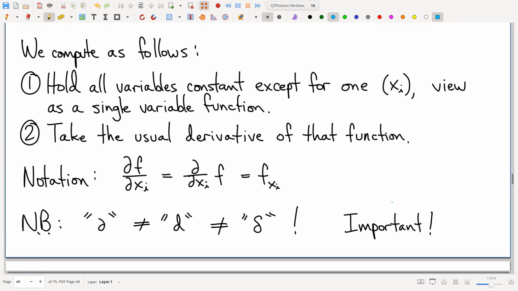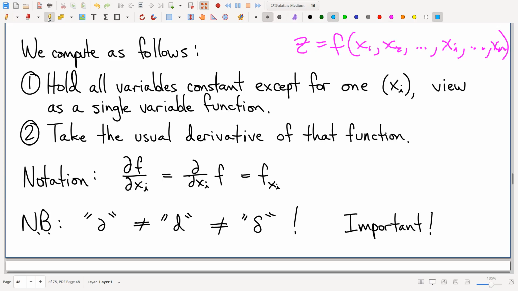Here's how you compute partial derivatives. There's actually not much to it. You've got a multivariable function. So, for example, you've got z equals f of x1, x2, through xi, through xn. Let's say, all right.